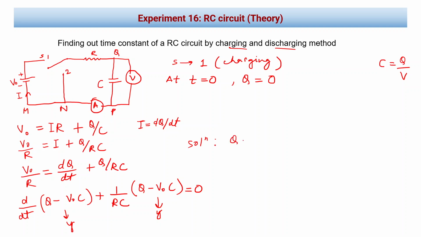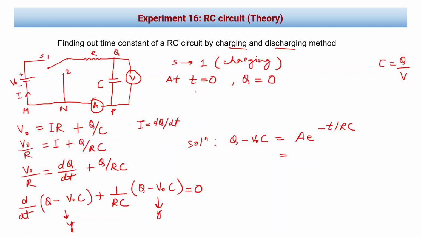Y is Q minus V0 C, which will be equal to A times e to the power minus t by RC. Okay, so this is the solution for this equation.